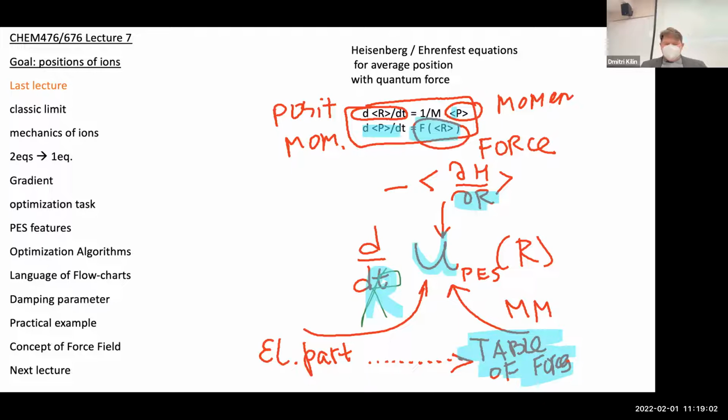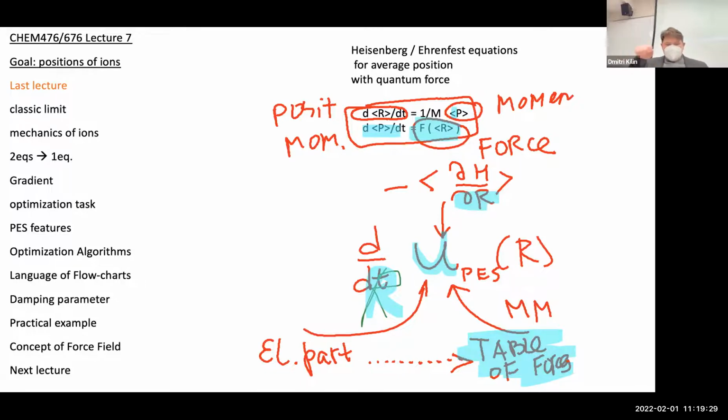So basically, all activities that we are going to overview in today's class are shown on this slide. So we take the expectation value of the derivative of potential energy over elongation of ions, which sometimes is referred to as gradient. And the gradient of potential is force.